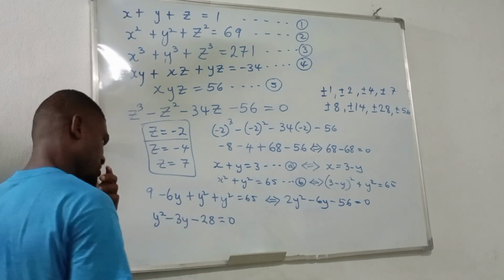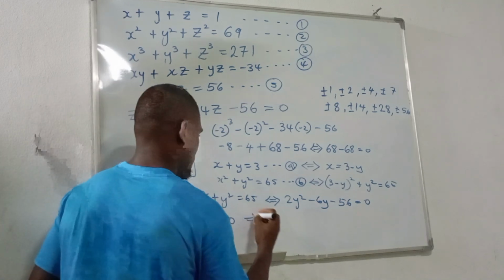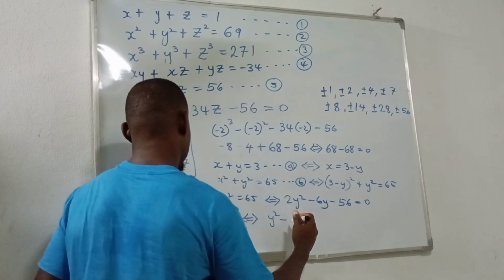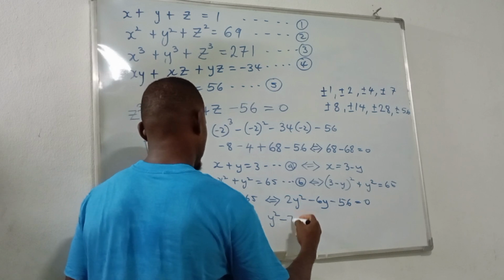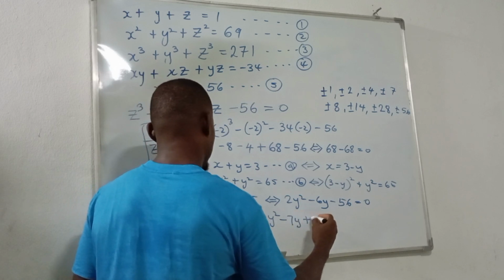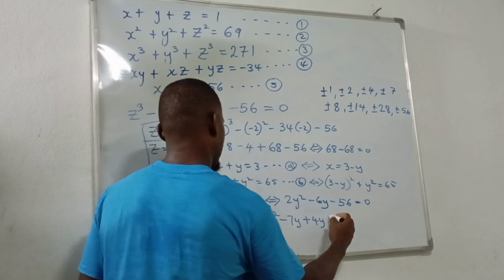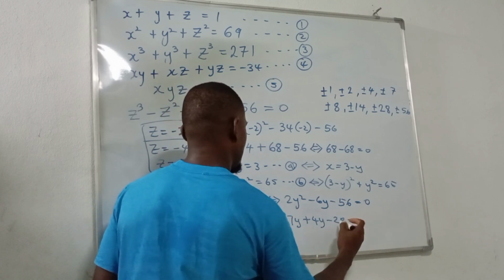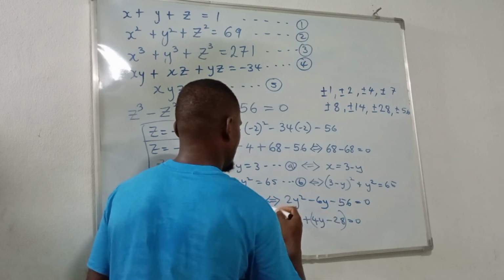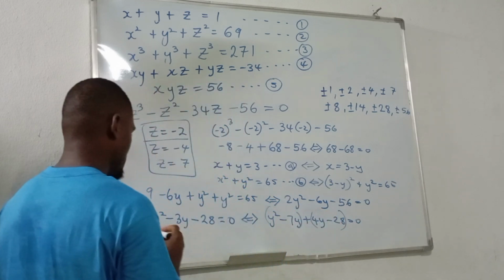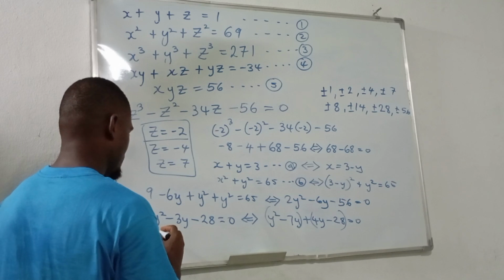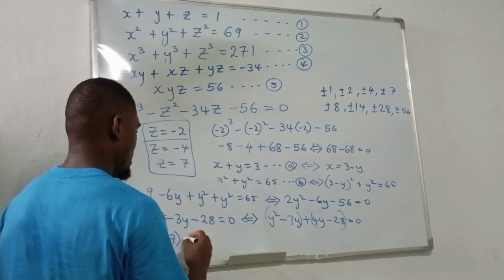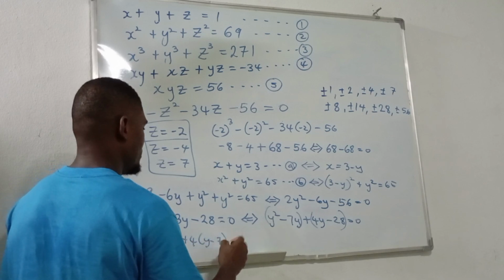Alright, so we factorize this. To factorize this, we're going to have y squared minus 7y plus 4y minus 28 equal to 0. We're going to group these such that we have y into y minus 7 and 4 into y minus 7.